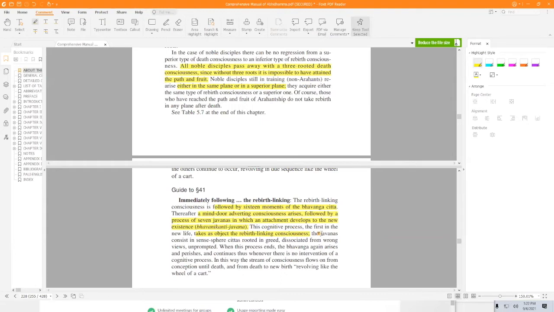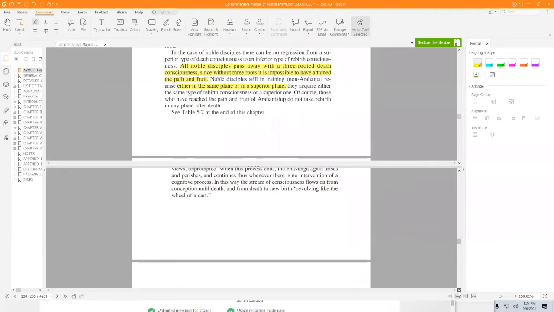Then after that initial active javana process, there'll be more bhavanga cittas and more active cittas occurring until eventually the being, if it's a human rebirth, comes out into the world, and then a whole bundle of active types of consciousness occur. In this way, the stream of consciousness flows on from conception until death, from death to new birth, revolving like the wheel of a cart.